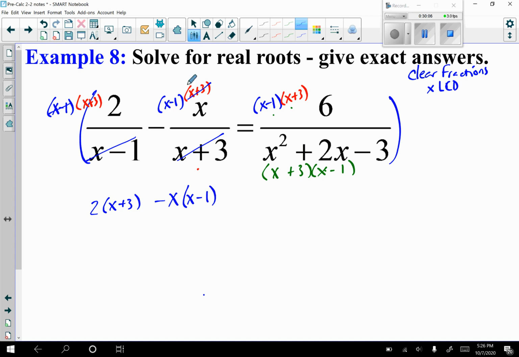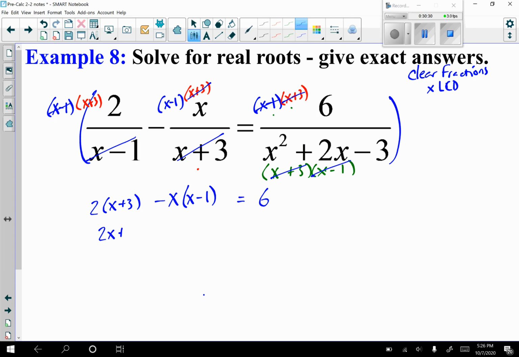So build the common denominator, multiply by all the separate pieces, cancel part of it out so you don't have fractions anymore. If you still have fractions after this, you did something wrong. Our goal is to get rid of fractions. Next one, let's see, x plus 3 gone, x minus 1 gone. We're just left with 6 over there. Look how easy that problem looks. Multiply by a common denominator to get rid of all fractions.